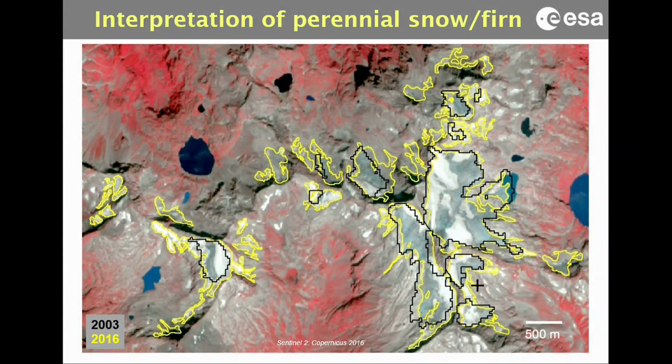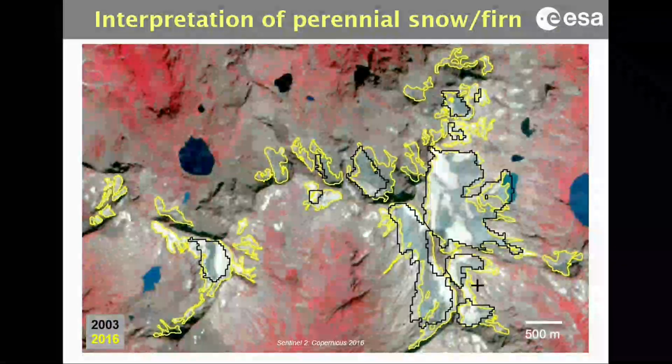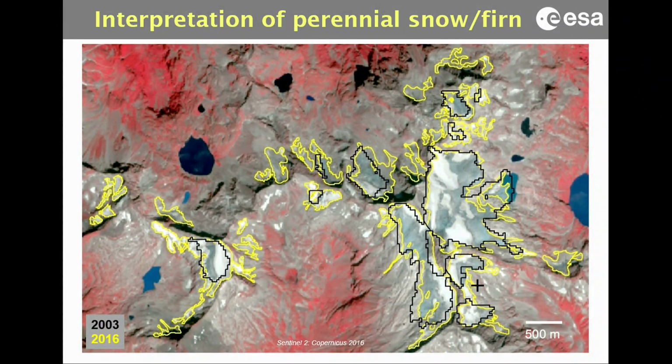Interpretation difference is also a thing when you compare here, for example, the inventory from 2003 with the one from 2016 in yellow. You see that there's lots more ice in 2016 than in 2003. And the main reason here is that there were perennial ice and snow fields still remaining in 2016, but not in 2003.